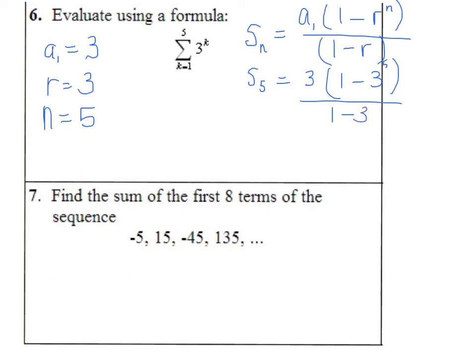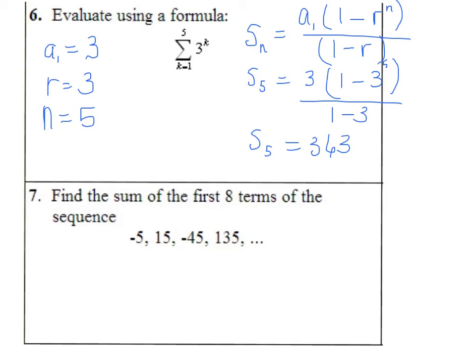And to evaluate this, I would put this in my calculator first. I would put 1 minus 3 to the 5th power, hit enter, multiply that by 3, hit enter, and divide it by negative 2. And when you do that, you're going to get the answer, which is 363. Try that on your calculator, please, and make sure you know how to do that.